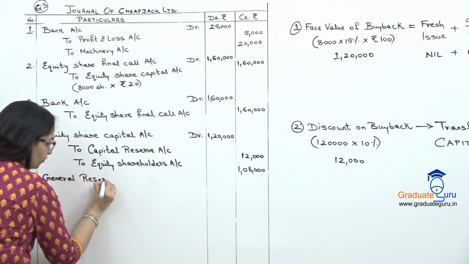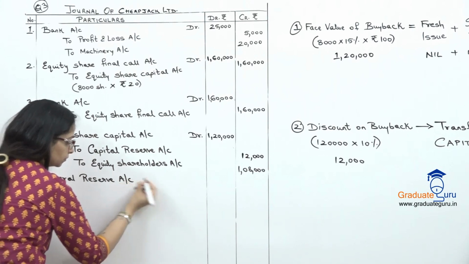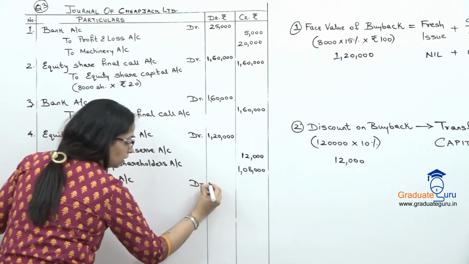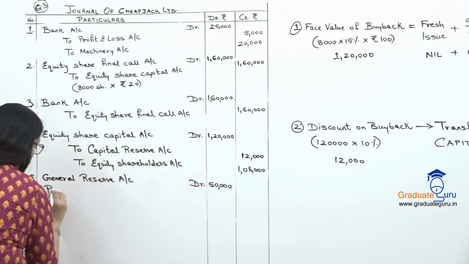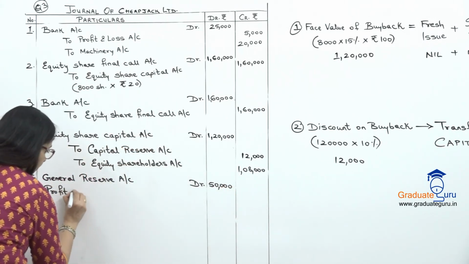So, general reserve account debit, that was 50,000. We are also using profit and loss.